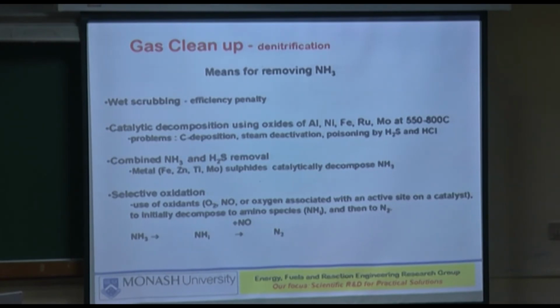Ideally, the next bullet point, and then I'll come to the previous one later, combined ammonia and hydrogen sulfide removal. So if you have a metal oxide which can do both, zinc is one example, iron is another example. Iron is classic. Iron can do tar cracking, as we were discussing yesterday.